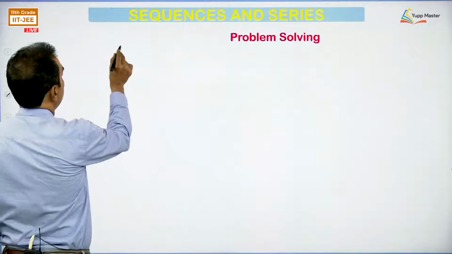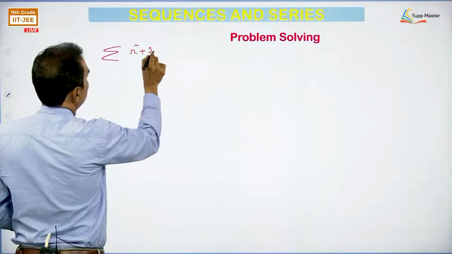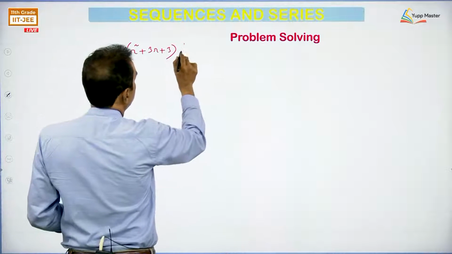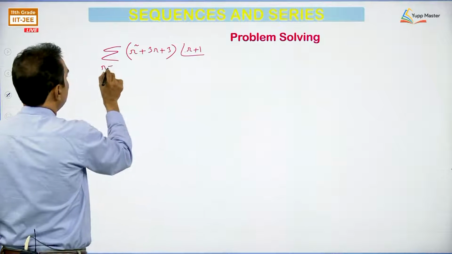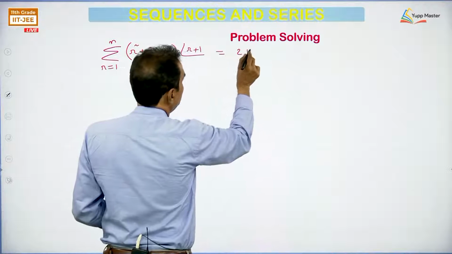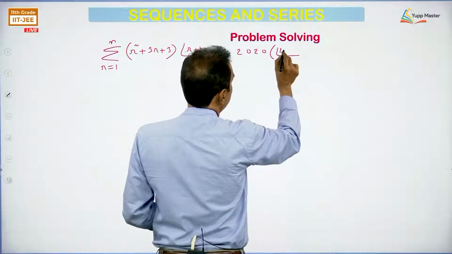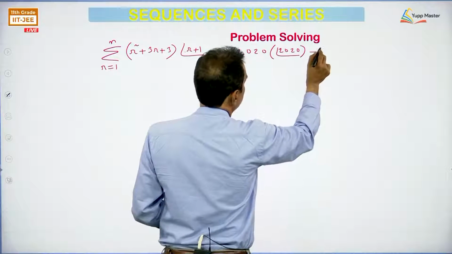The given question is sigma (r square plus 3r plus 3) into (r plus 1) factorial, r varies from 1 to n. This is given as 2020 into factorial 2020 minus 4.